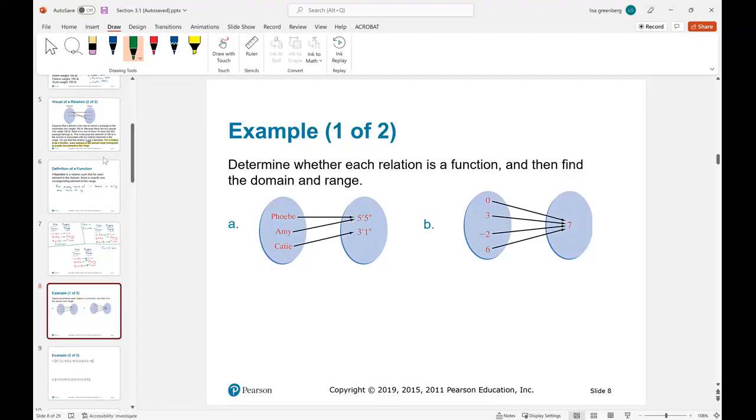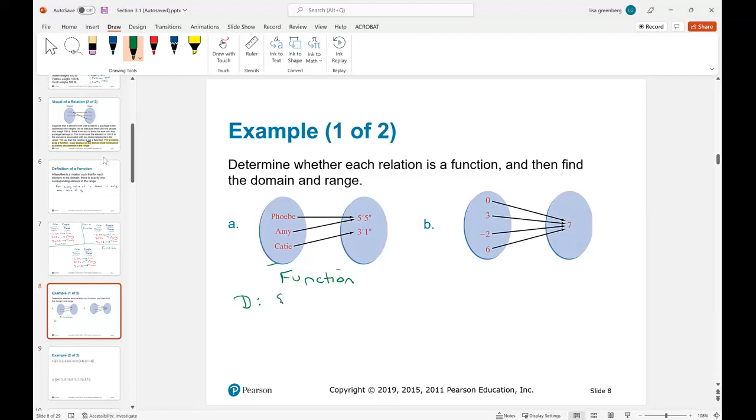Determine whether each relation is a function and then find the domain and range. So let's look at A. Is A a function? Well, do I know how tall Phoebe is? Yes, 5'5". Amy, 5'5". Katie, 3 feet 1 inch. So this is a function. And my domain is the X values, where they're starting.